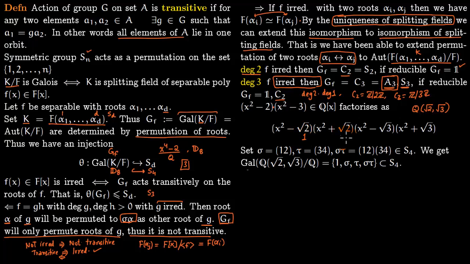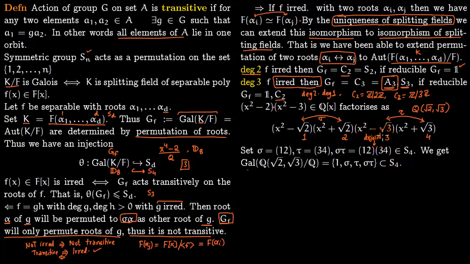So this is the first root, the second root, the third root, and the fourth root. The first and second roots are permuted via permutation sigma, and the third and fourth roots are permuted via permutation tau. Set sigma as (1 2) and tau as (3 4). So sigma tau would be like this, and you can see these are disjoint.